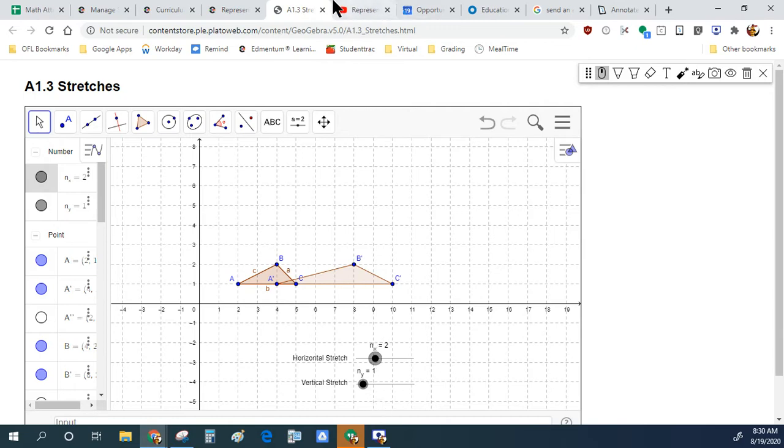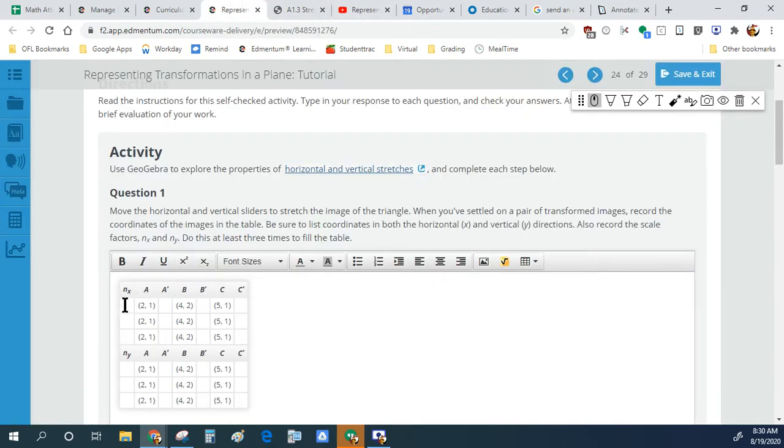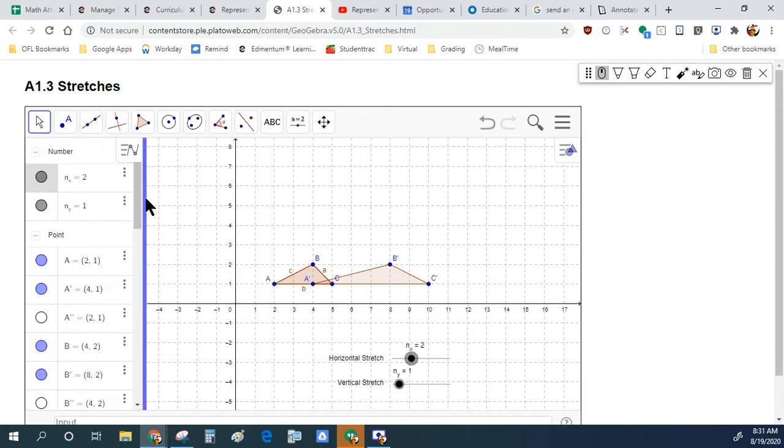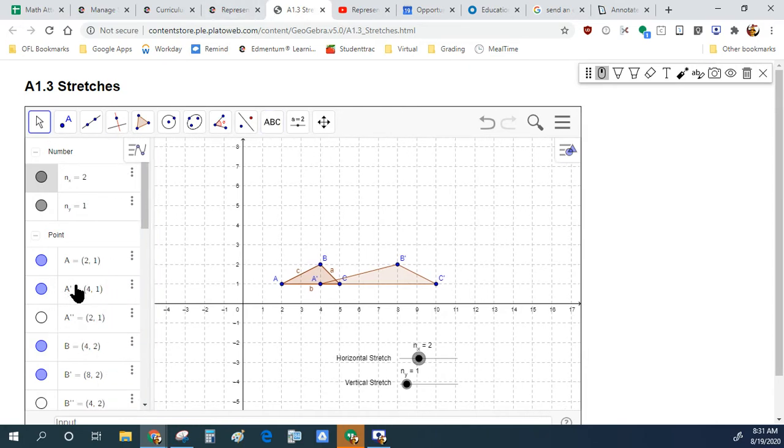So if I change this to 2, what I'm going to do for this activity is here, I'm going to change this to 2. And then A prime is a point. So this point should be right here. So I'm going to stretch this out a little bit. So it becomes 4, 1. As you can see, we're only doubling the x value.